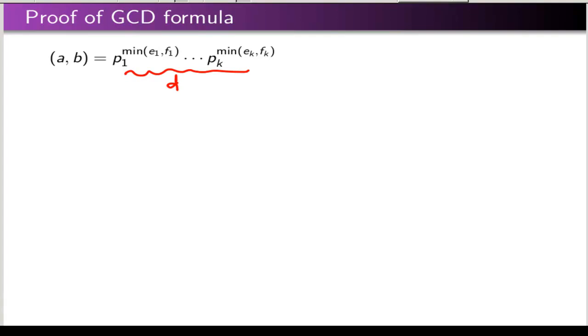And, okay, so let's first show that D is a common divisor of A and B. So plainly, D is a divisor of A since each of these prime powers is smaller than e_i.